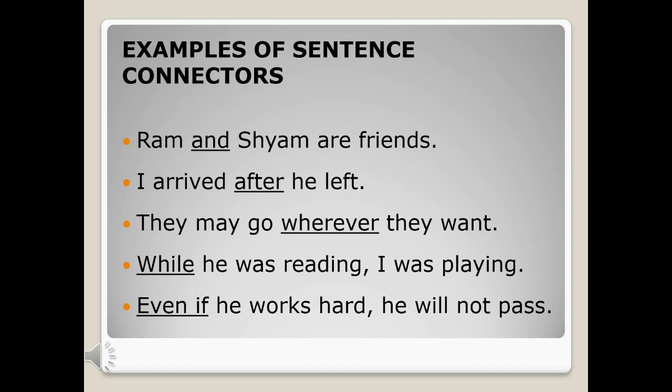As you can see, in all these 5 sentences, the connectors and, after, wherever, while, even if are used either to join words or sentences. In the last 2 sentences, the connectors while and even if are used at the beginning of the sentence.